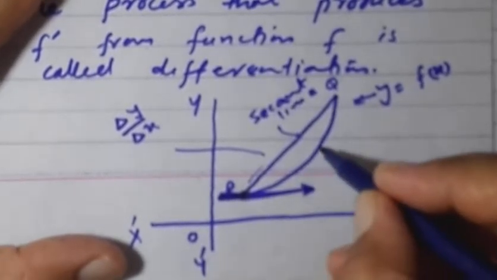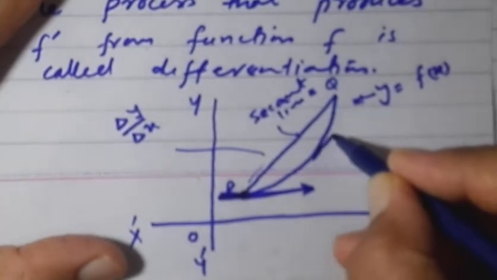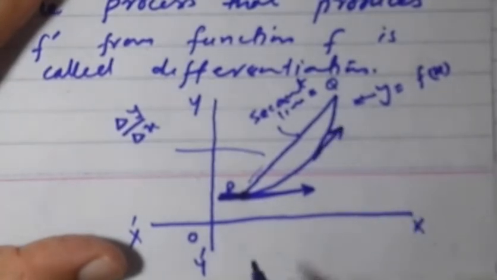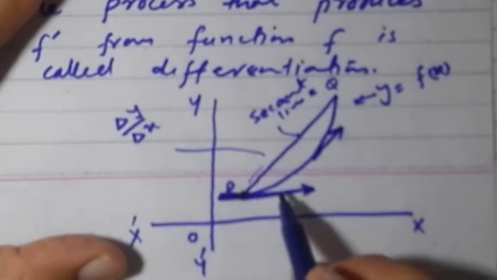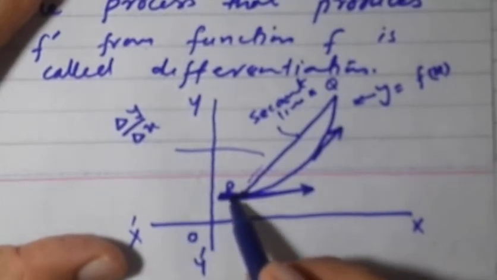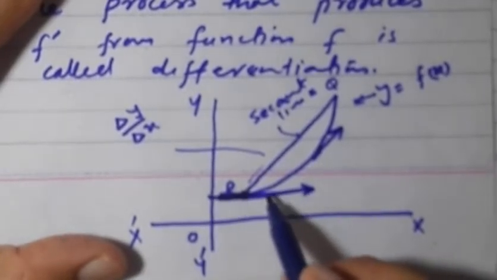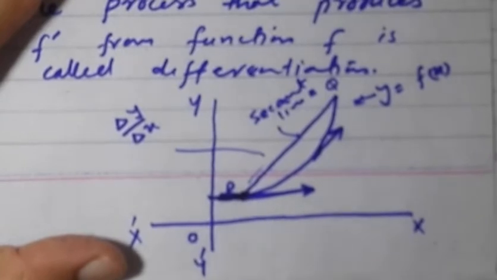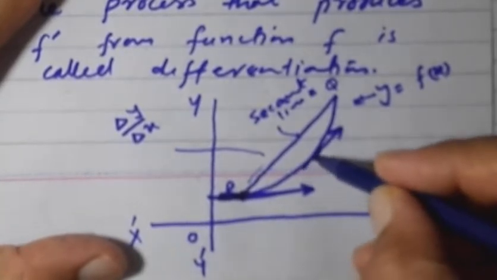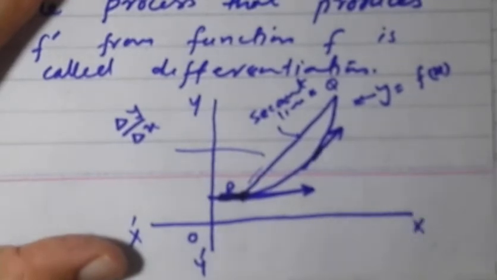If we take this point, then we can draw tangent like this. Now this is tangent to this curve at P. This touches the curve at point P.